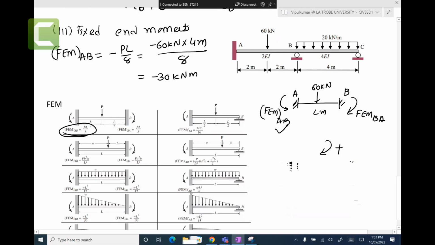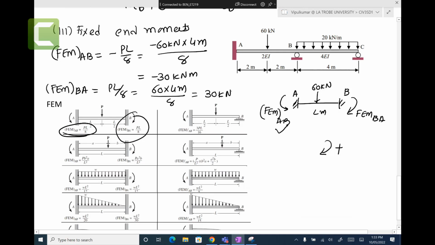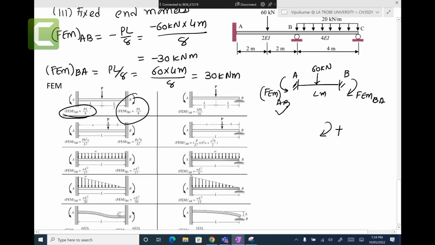Similarly, the fixed end moment of BA, which is clockwise, is PL over 8, 60 times 4 meters over 8, which is positive 30 kilonewton meters. So we find the fixed end moments due to this 60 kilonewtons.